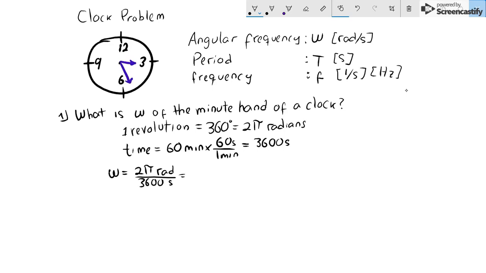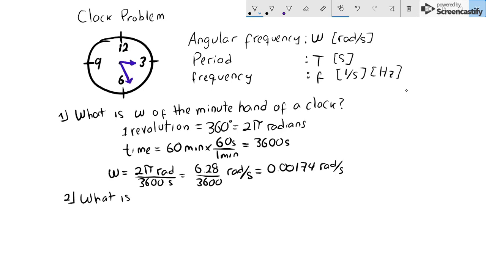This is literally 2 pi, which is around 6.28, over 3600 radians per second, or 0.00174 radians per second.